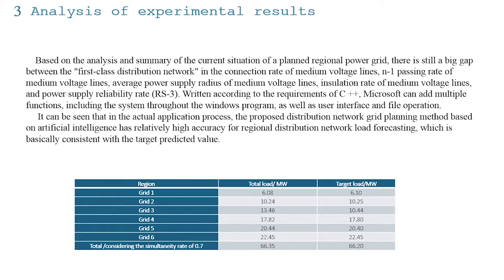The load forecasting results of a planning area in the target year are shown in the table. It can be seen that in the actual application process, the proposed distribution network grade planning method based on artificial intelligence has relatively high accuracy for regional distribution network load forecasting, which is basically consistent with the target predicted value.